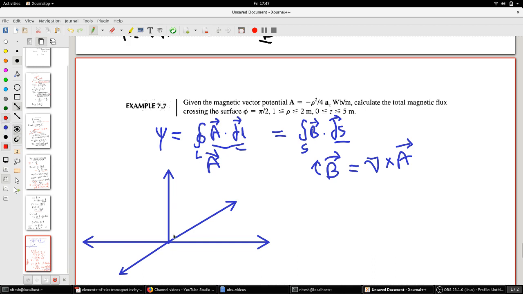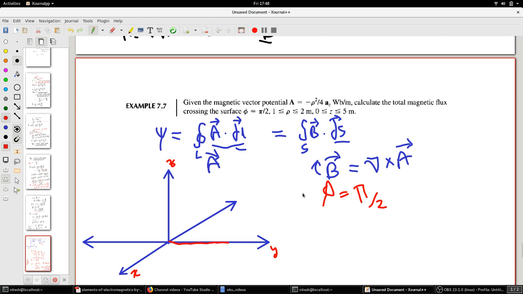The first thing given is phi equal to pi by 2. When you say phi equal to pi by 2, that means it will be along this axis. If this is y, this is x, and this is z, then phi equal to pi by 2 is this plane here.